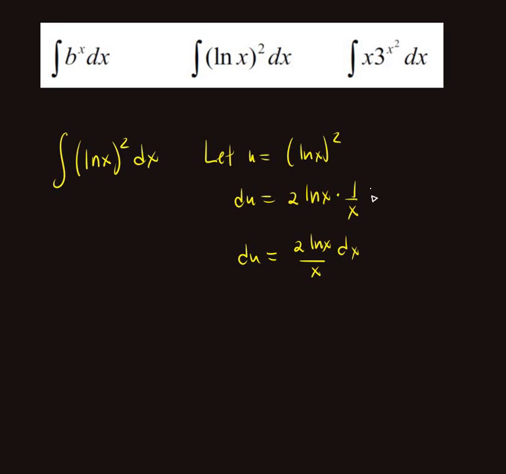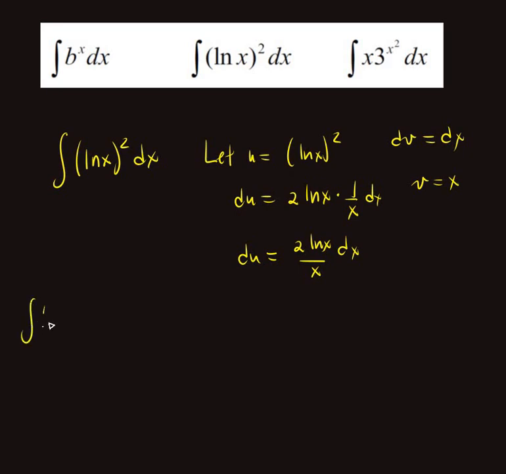I forgot the dx. Now we have to select who is going to be our v. And dv, I'm sorry, dv is going to be actually dx. So v is equal to x. Simple, right?